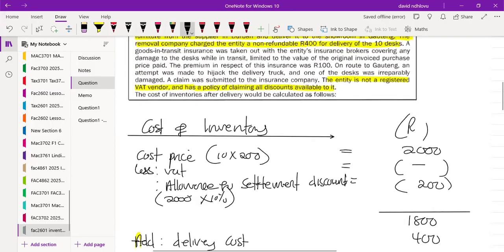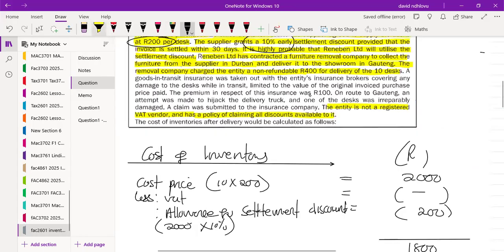When we read further, it says a goods in transit insurance was taken out with the entity's insurance brokers covering any damage to the desks while in transit, limited to the value of the original invoice purchase price paid. The premium in respect of the insurance is 100.